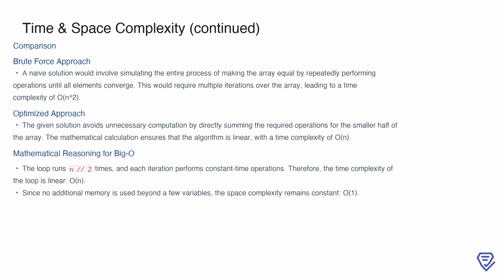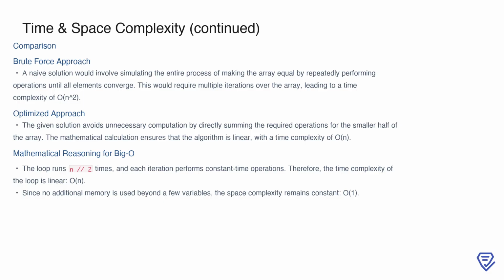To better appreciate the efficiency of the solution, let's compare it to a brute force approach. In a naive implementation, we might simulate the entire process of making the array equal by repeatedly applying operations until all elements converge. This would involve multiple passes through the array, leading to a time complexity of O(n squared). In contrast, the optimized solution avoids redundant computation by focusing directly on the smaller half of the array and using a mathematical formula to sum the required operations.